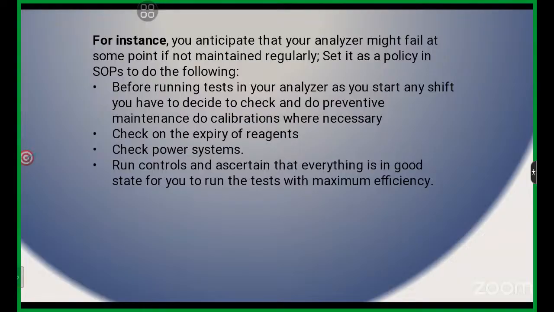Before running tests in your analyzer, as you start any shift, you have to decide to check and do preventive maintenance. Do calibrations where necessary. Check on the expiry of reagents. Check on power systems. You can run controls to ascertain that everything is in good state for you to run the test with maximum efficiency.